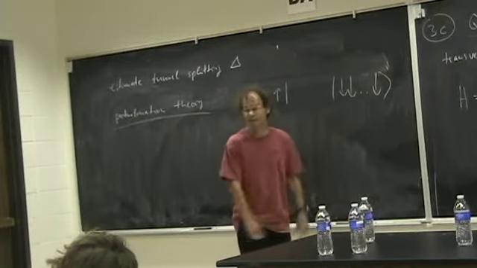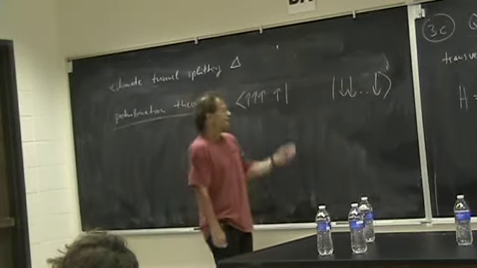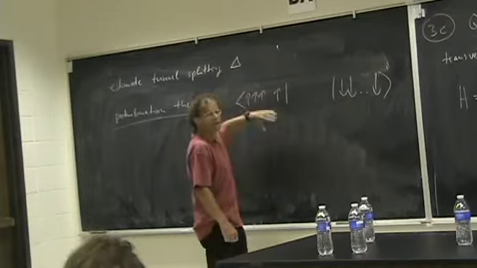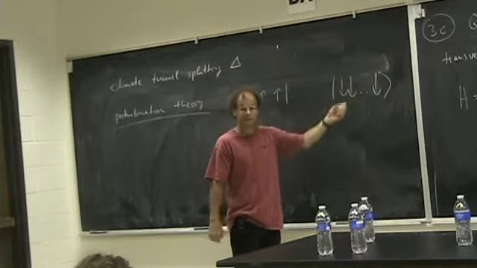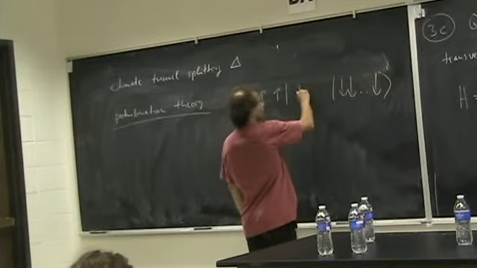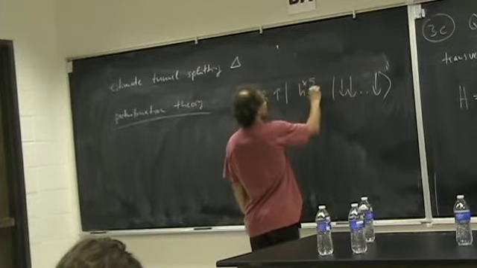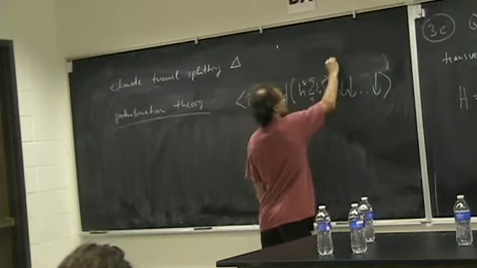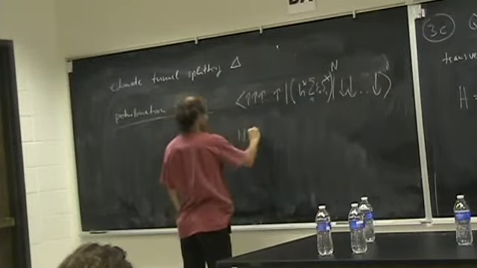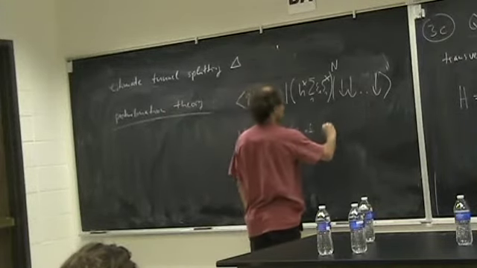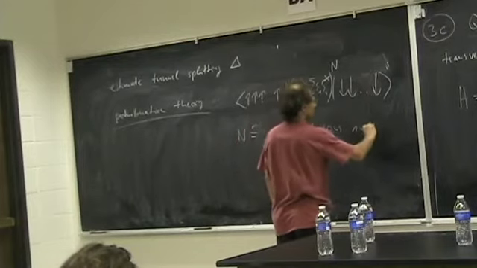And now it's clear what you need to do. If you have n spins in your region, it means you need to go to nth order perturbation theory before you can actually flip all spins and get a non-zero matrix element. So it means we have to put h_x sum over i of sigma_i^x to the power of n, where n is the number of spins in the region.